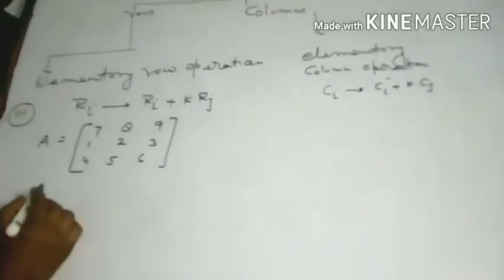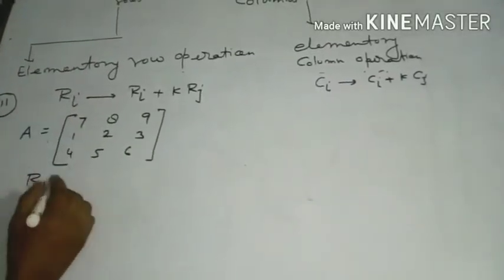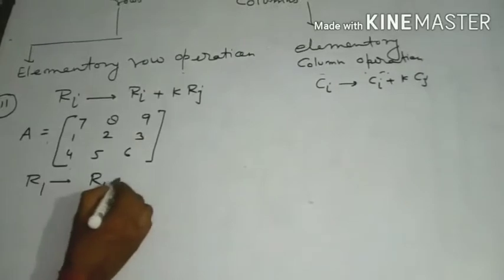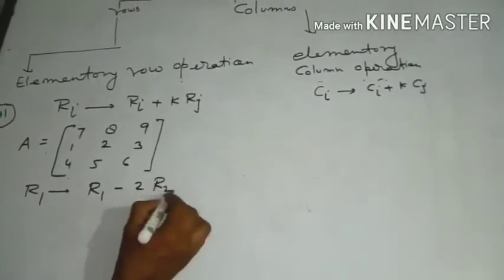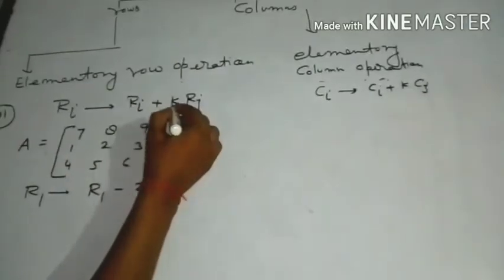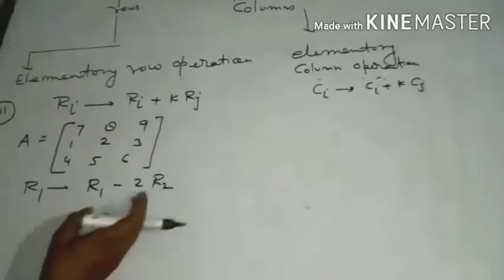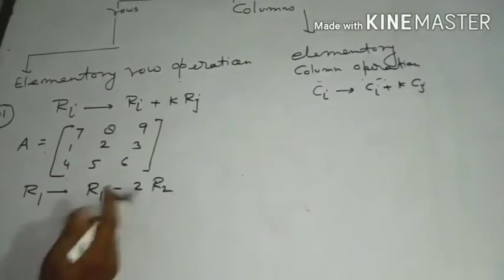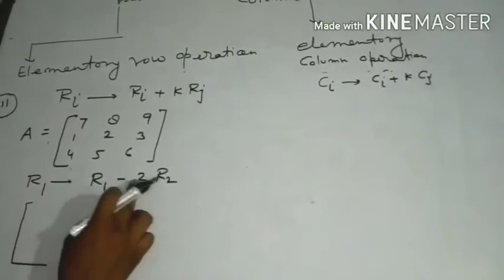We are going to apply this operation in R1. In place of i we take R1, so R1 minus 2 R2 is what we want to do; in place of k we write minus 2, and in place of j we write 2. When we apply this operation, we get R1 minus 2 times R2.